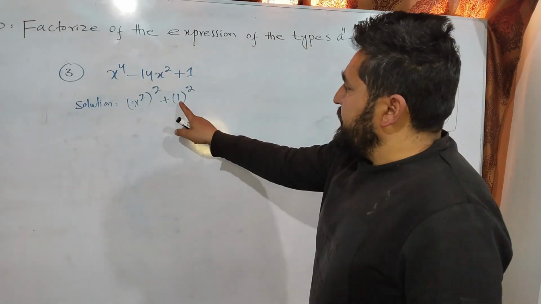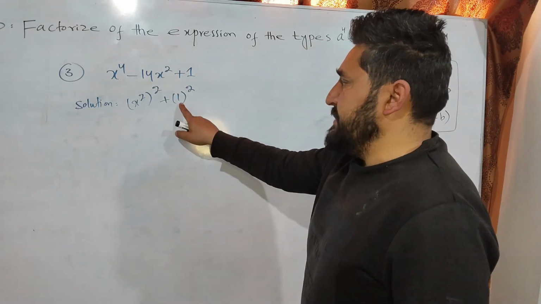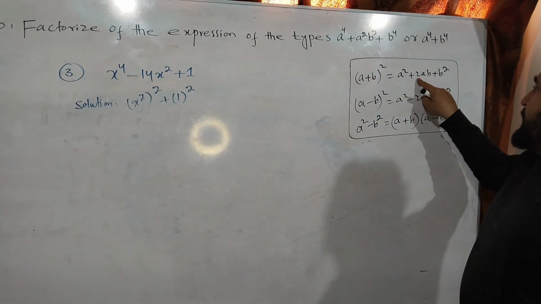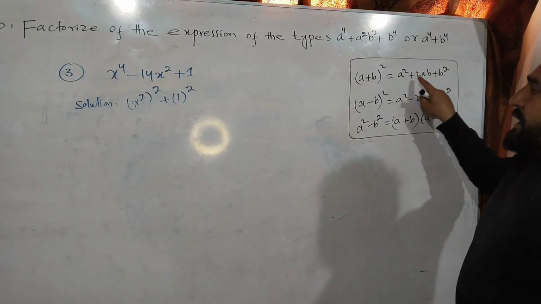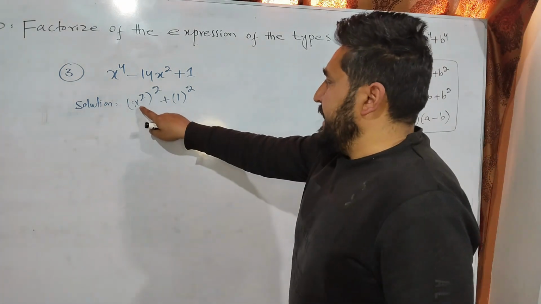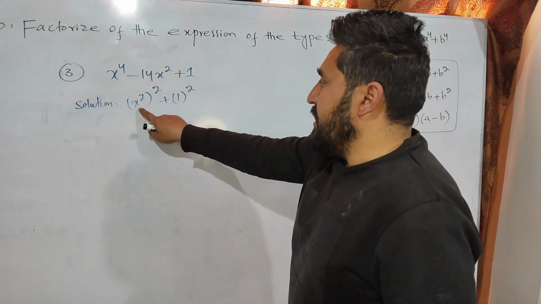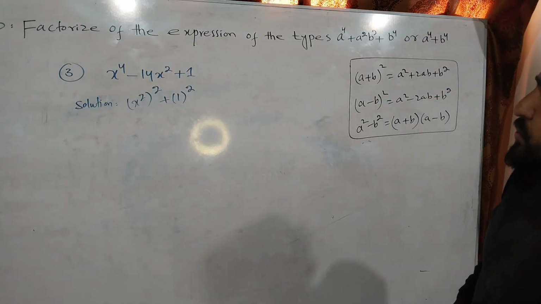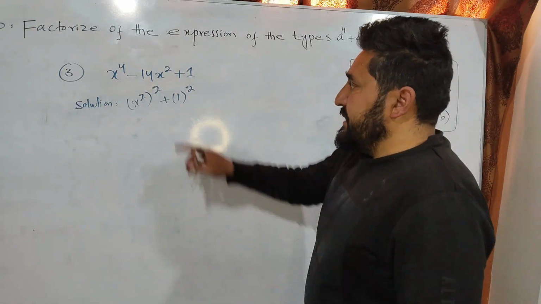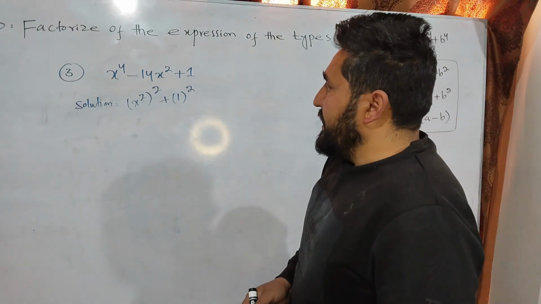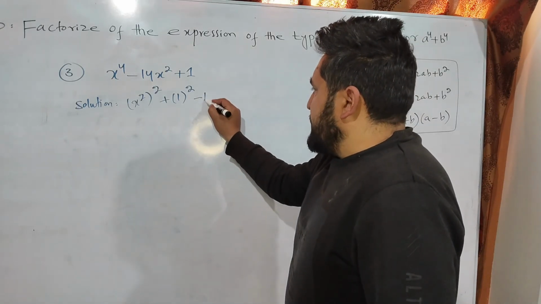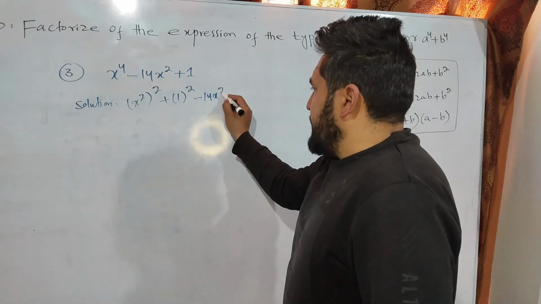If we use this as a, this as b, what is our 2ab? 2 into 1, that is 2, and a is x square. So our middle term should be 2x square. But here we have 14x square. So this is like this one minus 14x square.